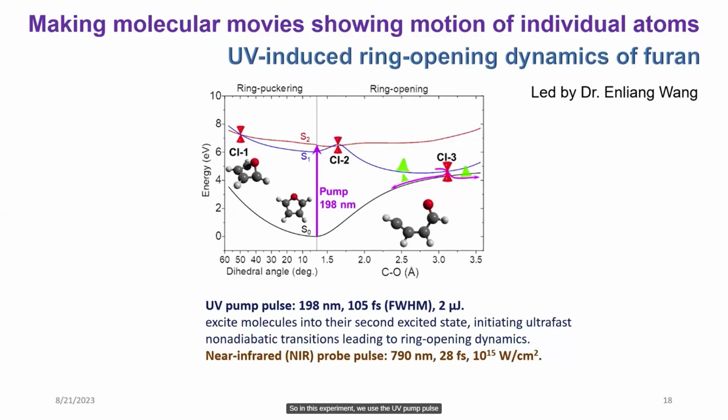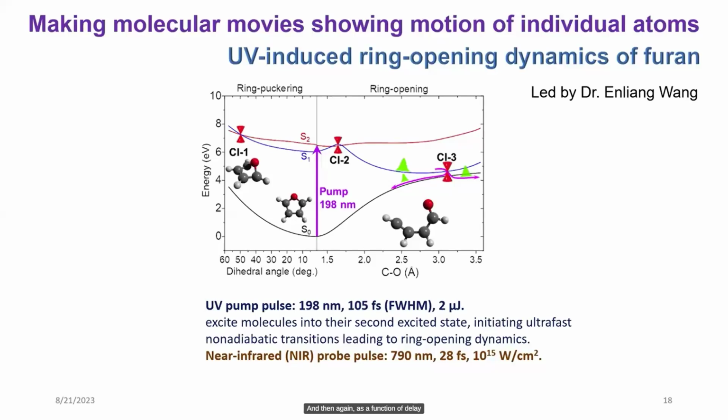In this experiment, we use a UV pump at 198 nanometers, about 100 femtoseconds, below 10^12 watts per centimeter squared, to excite the molecules into the second excited state, and then it will go under a non-adiabatic transition that will drop it down and lead to ring-opening dynamics.